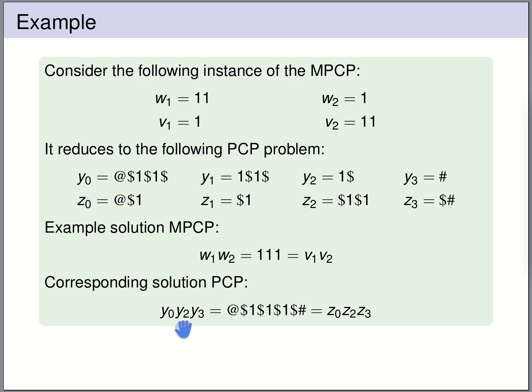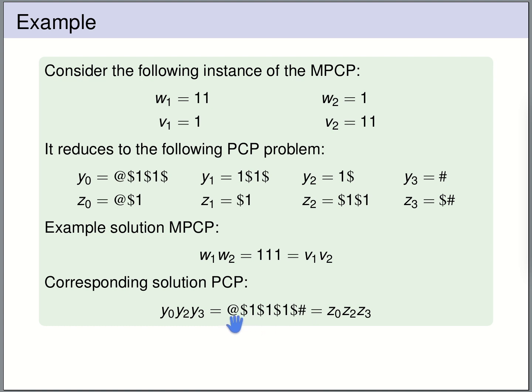So this is the pair number 2 that we continue with of our PCP. And then we have to finish with this additional pair 3 to put the dollar in the end of the right entries. So we pick pair 0, 2, 3, and this gives us this solution of our PCP.